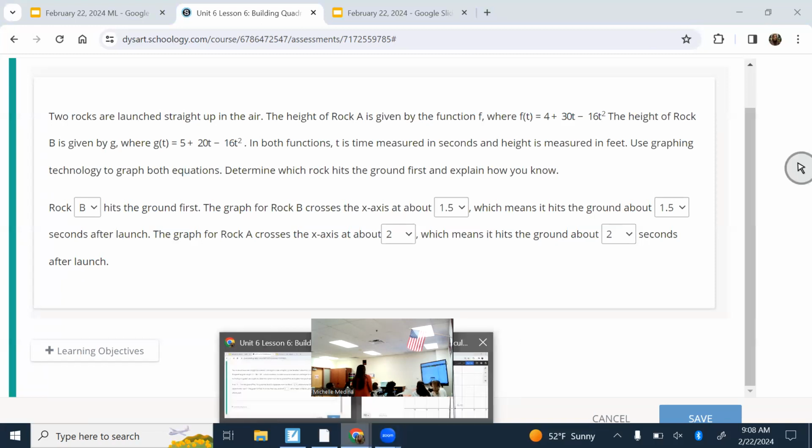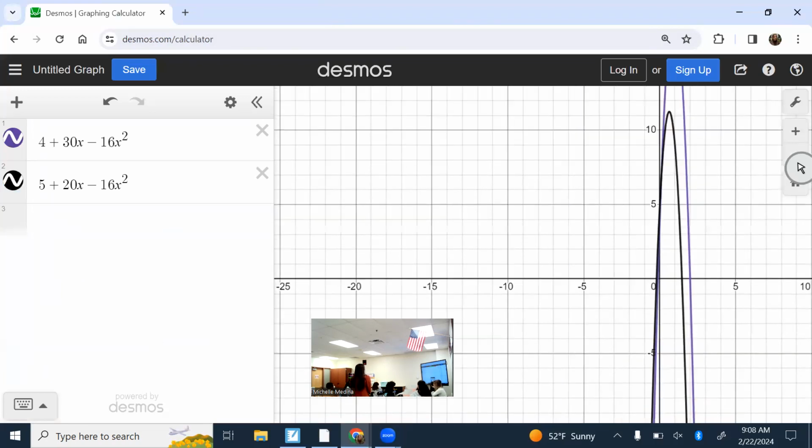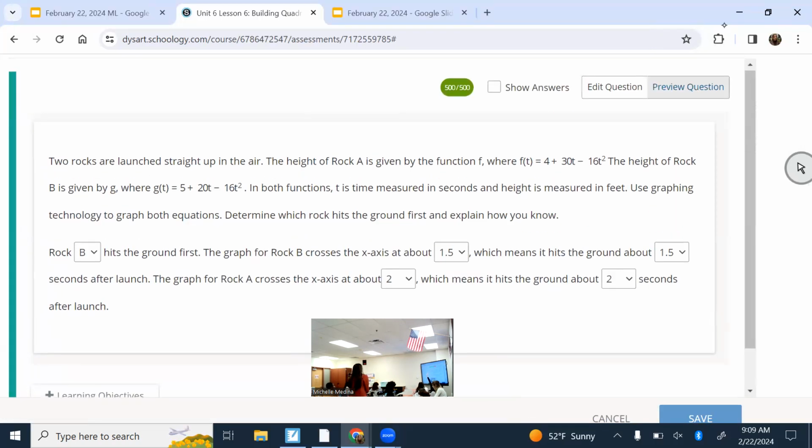The zeros give us that information when it hits the ground, otherwise known as x-intercepts. We don't want to use this one because 1, it's negative, and 2, if this is my launch pattern, you want it like after it's reached the top, then it comes down. All right, other questions? Keegan?